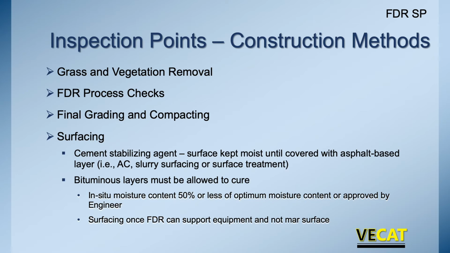So whether asphalt concrete, slurry, or surface treatment, we're keeping that moisture in it. If it's bituminous, so if we're using an emulsified asphalt or a foamed asphalt, we got to check the moisture levels in that material. And as the moisture leaves, and we're down to 50% or less of optimum, now we'll go and we'll overlay it.